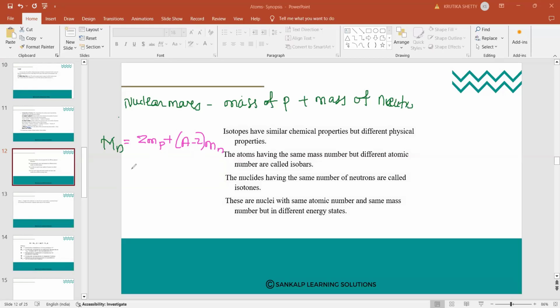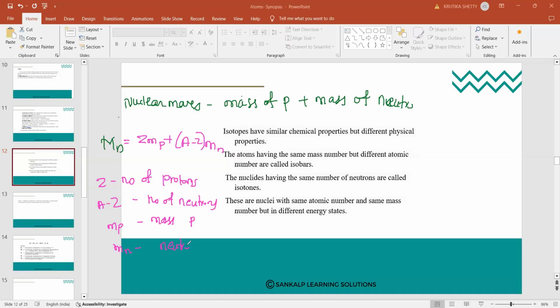If you don't know the terms, please write them down. Z is the number of protons. A minus Z is the number of neutrons. Mp is the rest mass of the proton, and Mn is the rest mass of the neutron.